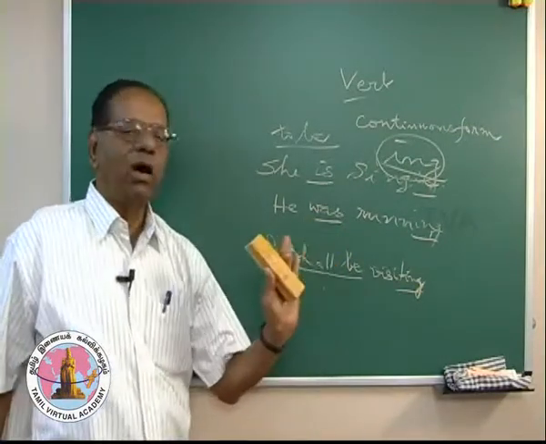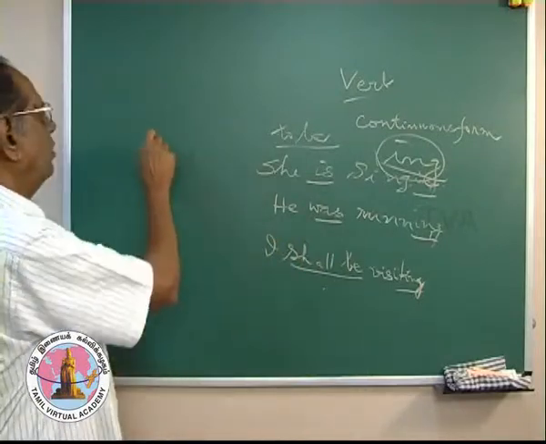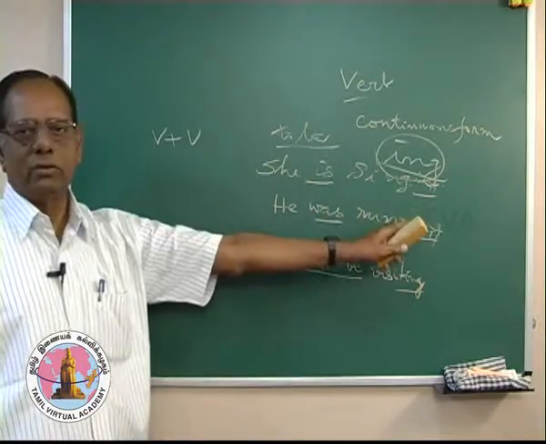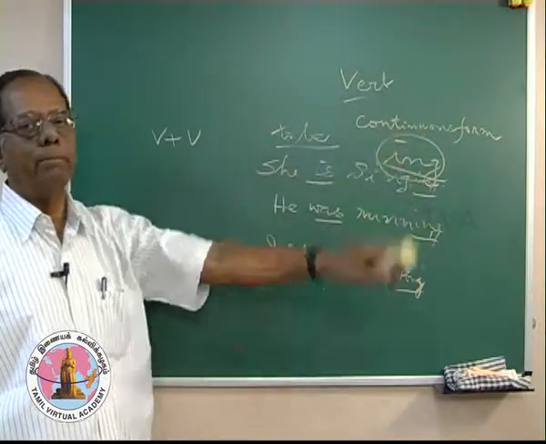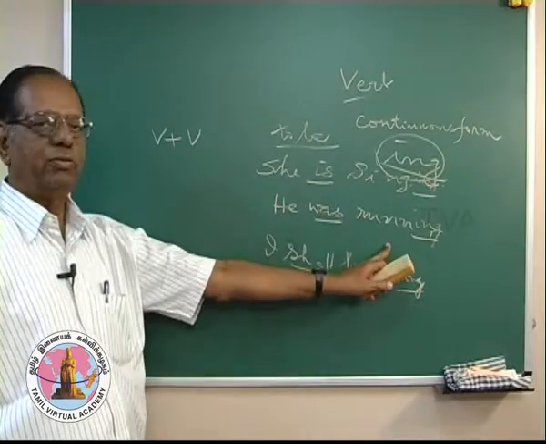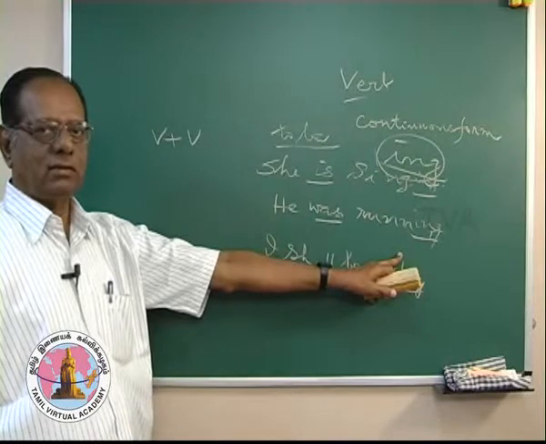From this we have to come to a conclusion that there will be two verbs in a continuous form. Two verbs, this is one and the other is this.